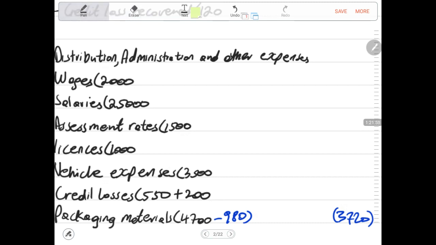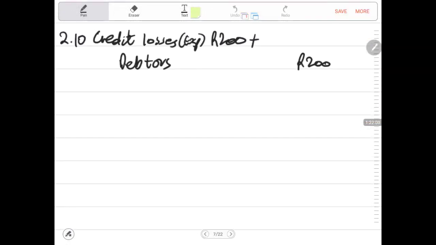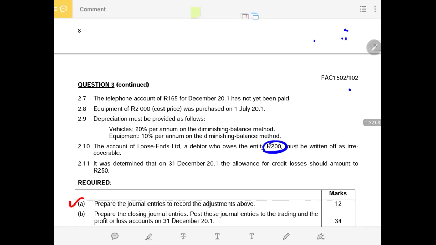So we have recorded this adjustment and it's covered in all angles. There we are. Then we have covered this. We go to 2.11, the last one, the allowance for credit losses.